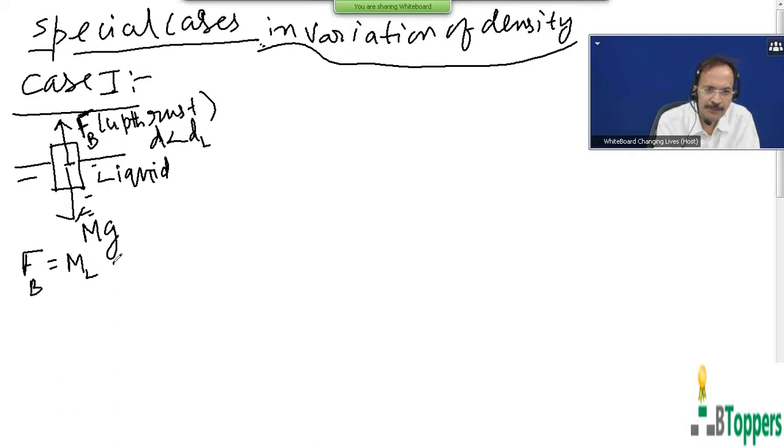That is, the mass of the liquid displaced into acceleration due to gravity. The mass of the liquid displaced by the body can be written as the volume of the liquid displaced by the body times the density of the liquid.